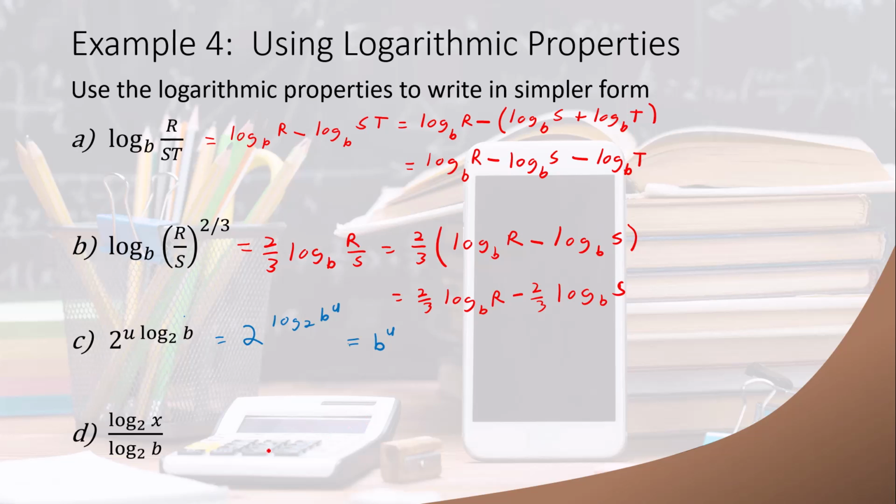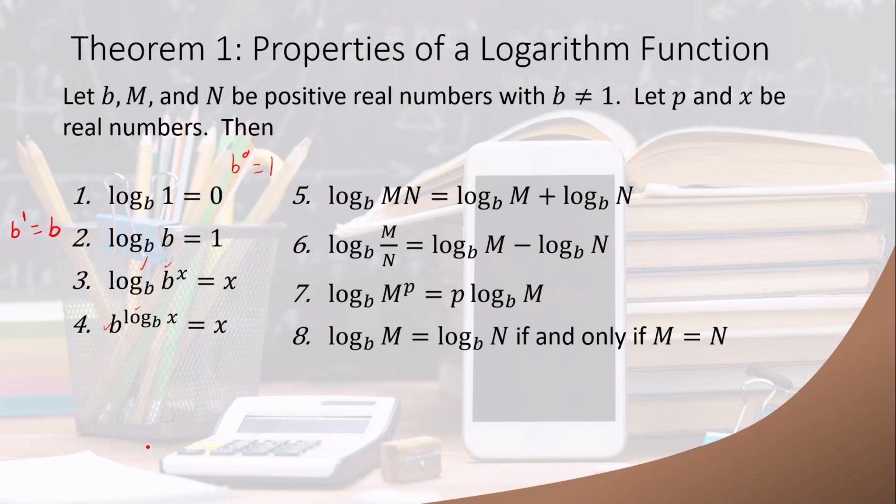Now the last one is a little tricky. The big thing here is that we want to use one of the inverse properties to rewrite x so that it actually has a b in it. So we are going to take advantage of this particular property right here, that we can rewrite x as b raised to the log base b of x.